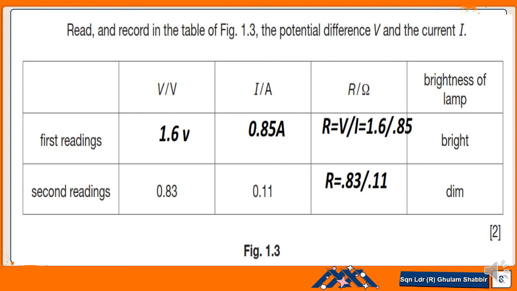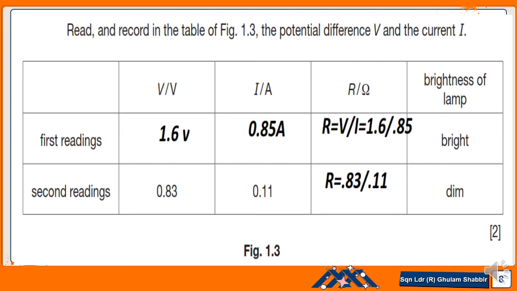So from here we can find the resistance of the lamp. When the resistance of the lamp is measured, that is V over I, 1.6 volt divided by 0.85.